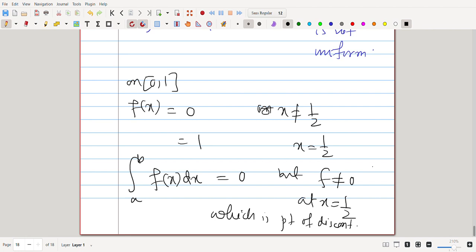If you do the upper Darboux sum, you can take the interval so small that it goes to 0. So when you take finer and finer partitions, the supremum of that value will be 0. So the upper Darboux sum and lower Darboux sum are the same and both are 0, so the integral value is 0. But f is non-zero at x equal to half, which is the point of discontinuity here. Okay, that's the entire solution.